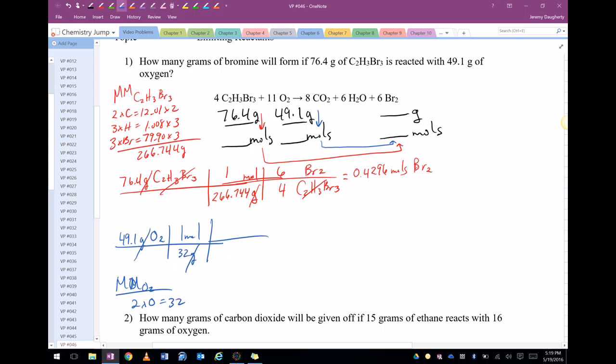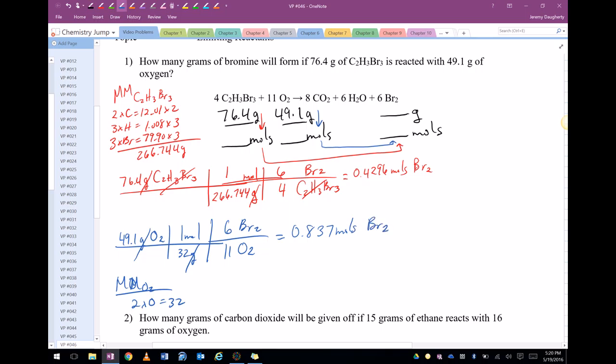Now I'm going to go to moles of bromine. So I've got 6 bromines for every 11 oxygens. 49.1 divided by 32 times 6 divided by 11. So I get a value of 0.837, and that's going to be moles of bromine.